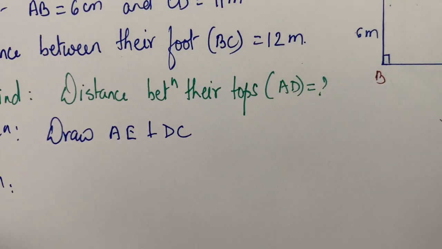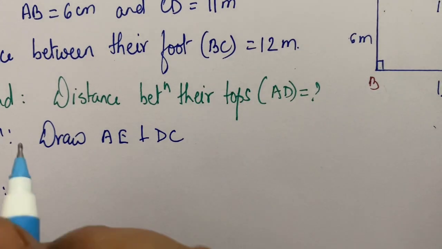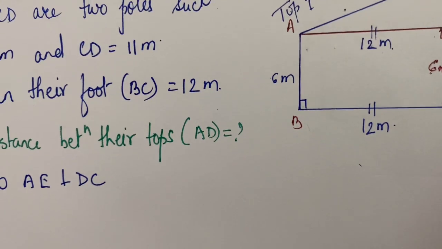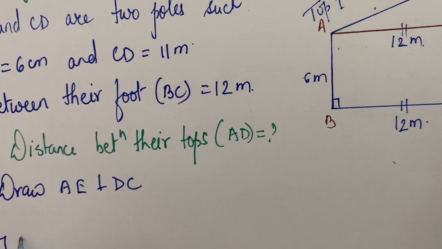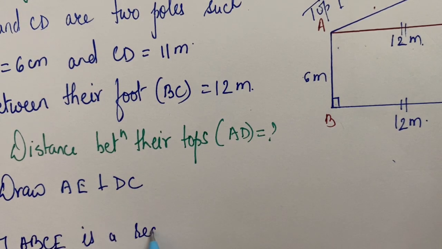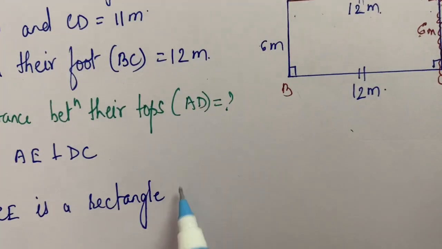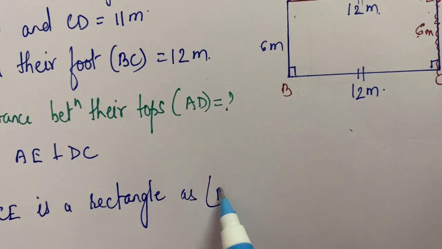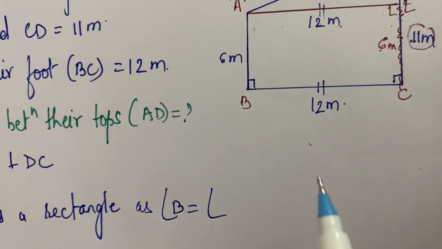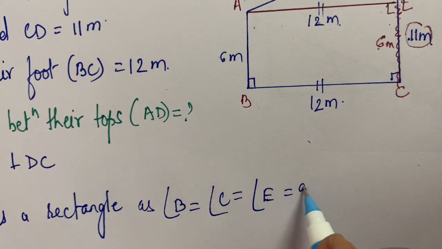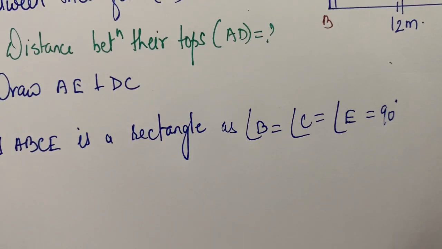So we write: quadrilateral ABCE is a rectangle as angle B is equal to angle C is equal to angle E is equal to 90 degree.